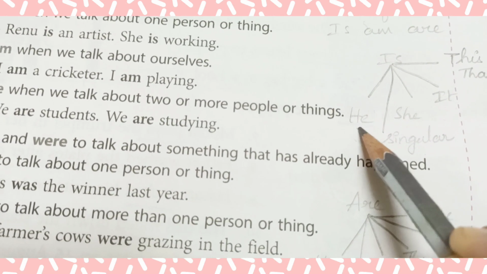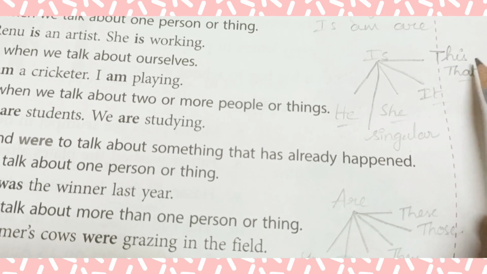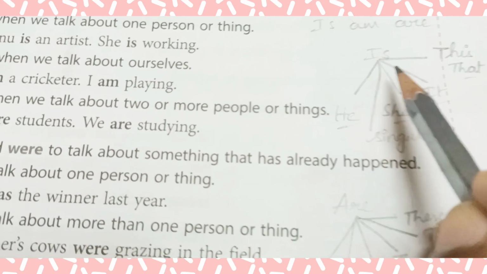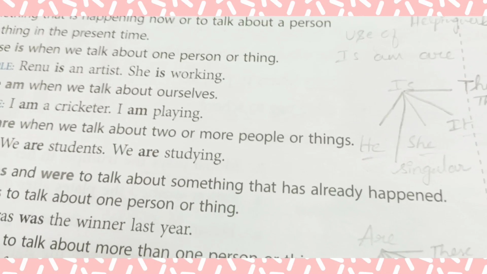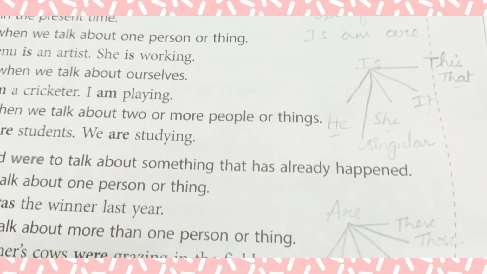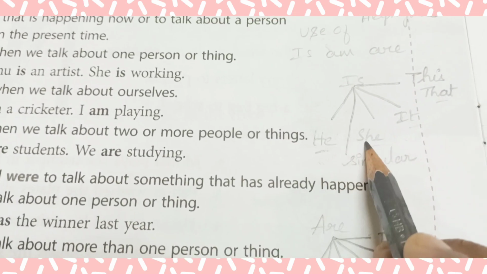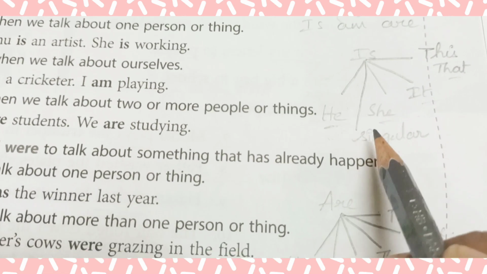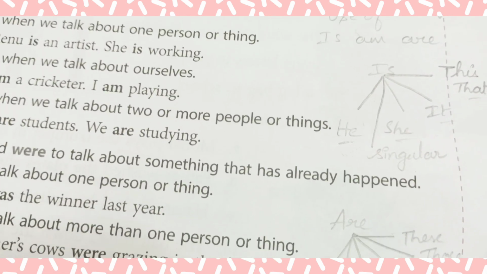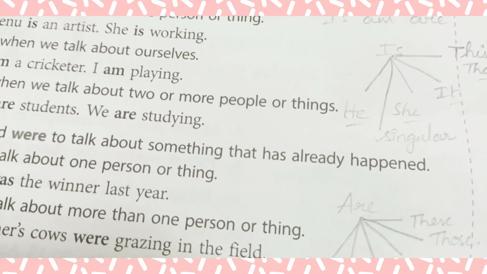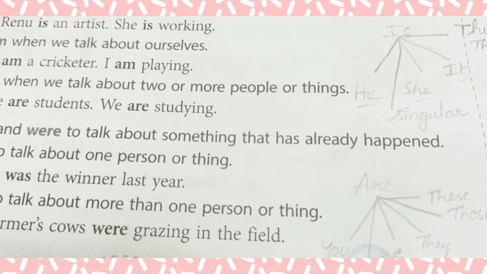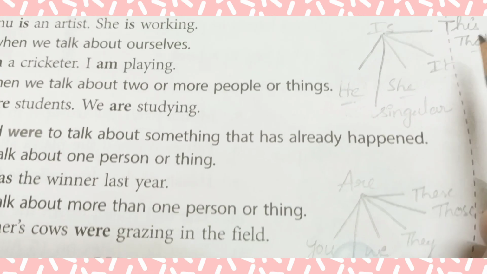That means if the subject is he, she, it, this, that, then we have to use is. Singular means only one. We are talking about only one noun. Then we have to use is.